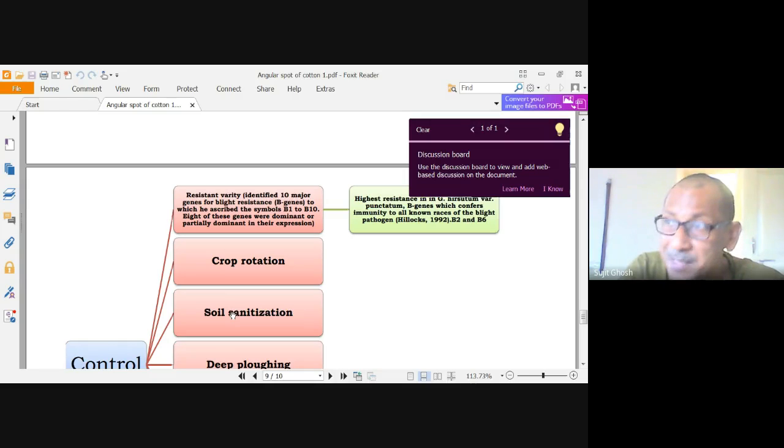If B2 and B6 are present in any variety, then it will cause resistance to this disease.